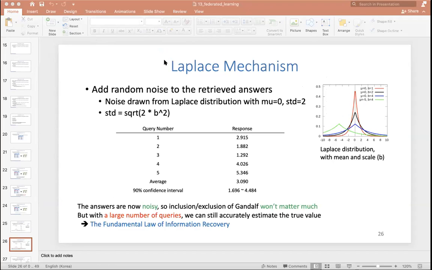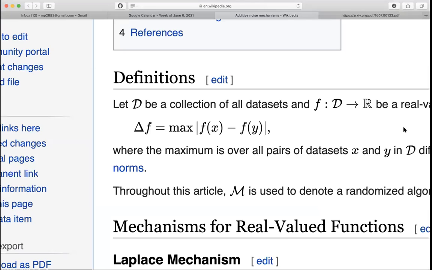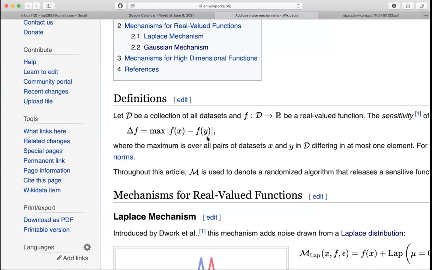Here is the formal definition of sensitivity.